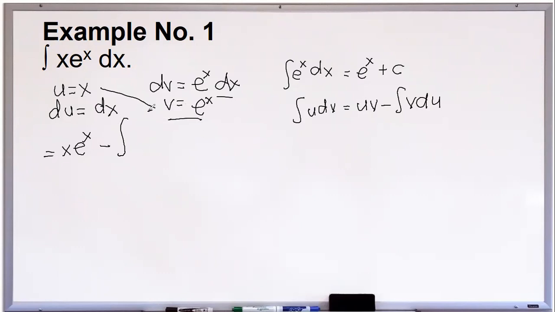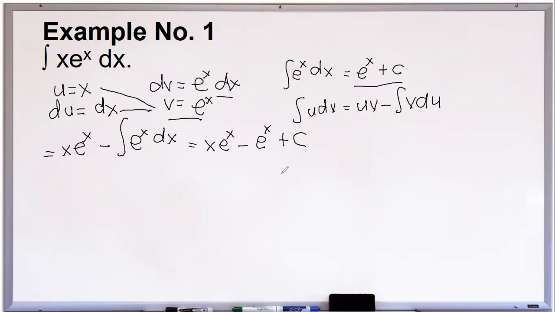V du, so e raised to x dx. Pwede ba natin i-integrate si e raised to x? Yes, kasi ito lang naman ang kanyang equivalent formula. So magiging ano na siya? X e raised to x minus e raised to x plus c.